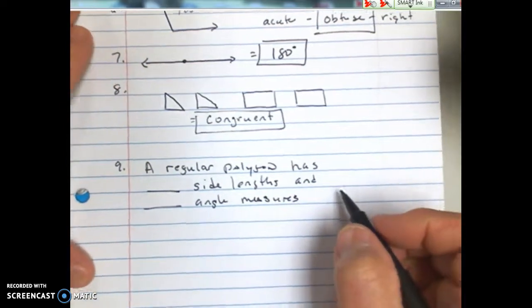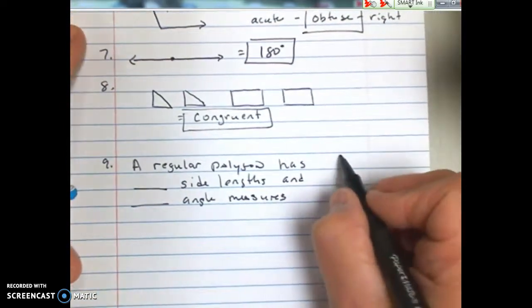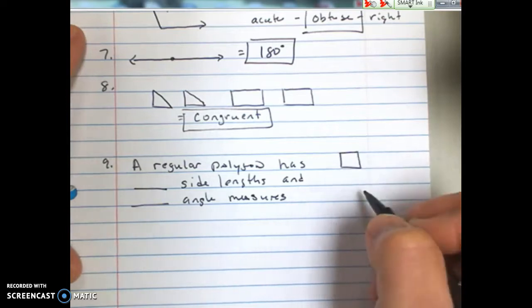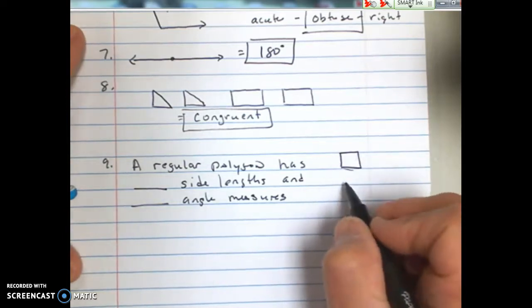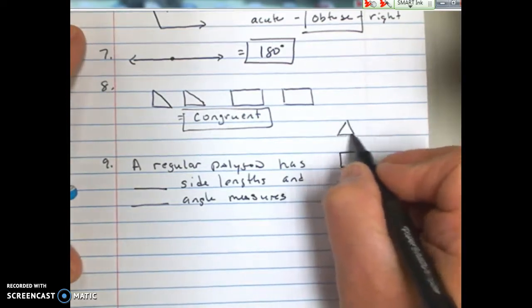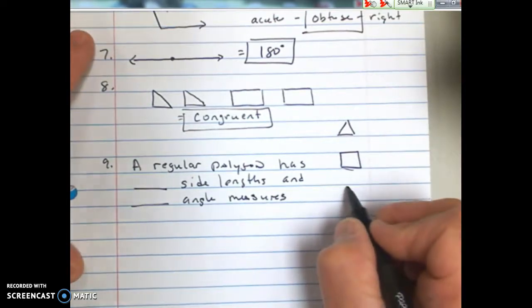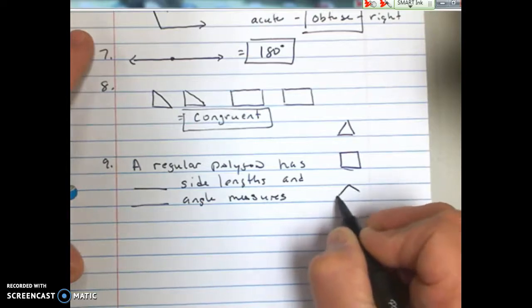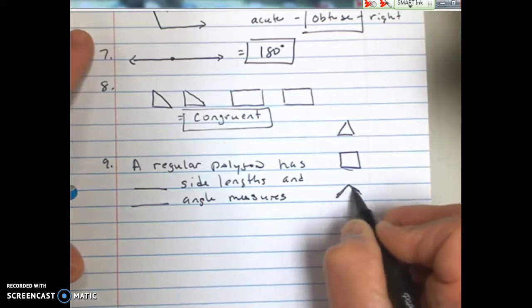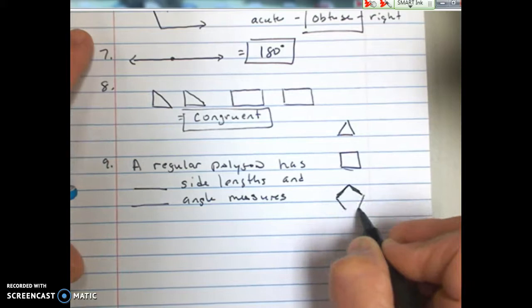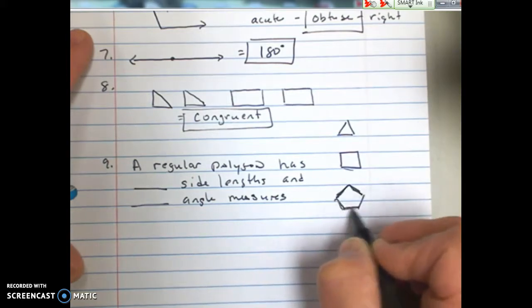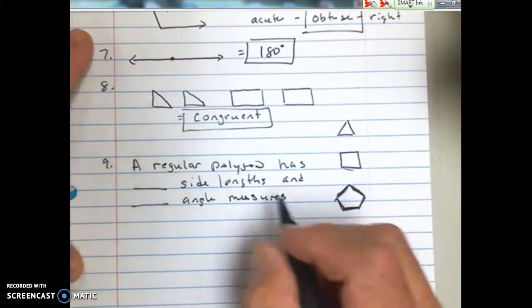So if we have a regular polygon, and it doesn't matter what kind of polygon it is, it could be a quadrilateral, same sides, same angles. It could be a triangle, 3 sides, 3 angles, and they're all the same. A regular pentagon would have 5 sides of the same length, same angles.